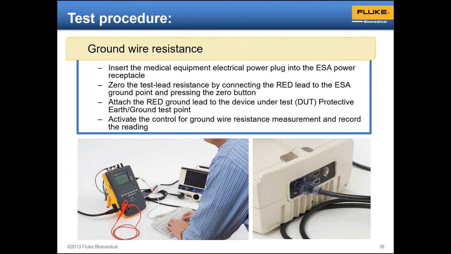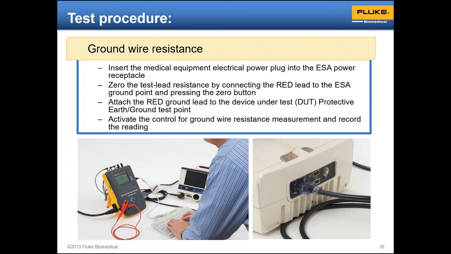So we're going to zero the test lead first, connect it to that null pin, and press the F5 button, which I believe is the 0 button on the electrical safety analyzer. Once we get that zeroed, then we will move the red test lead to the accessible ground point wherever it exists on the medical device.